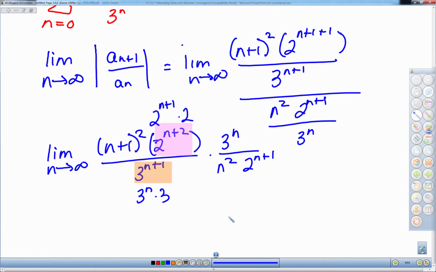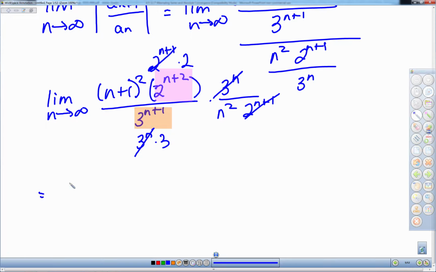And check this out. The 3 to the n's are going to cancel out. We're going to have 2 to the n plus 1 cancel out there. And that big intimidating thing is going to reduce to 2/3 times n plus 1 squared over n squared.